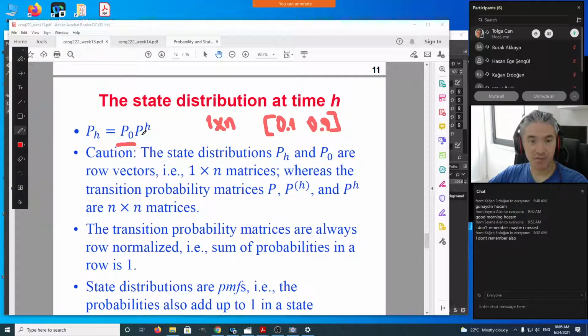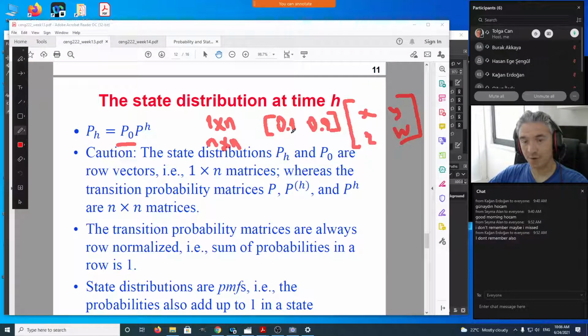And this P to the h will be an n by n matrix. This time it will be a 2 by 2 matrix, which shows the probability to go from rainy to rainy, rainy to sunny, and so on. All these will be written here. Let's call it x, y, z, w, a 2 by 2 matrix.